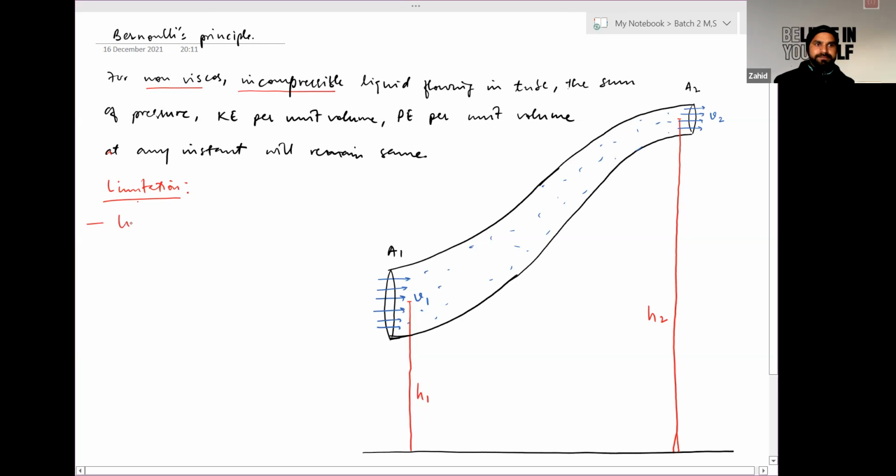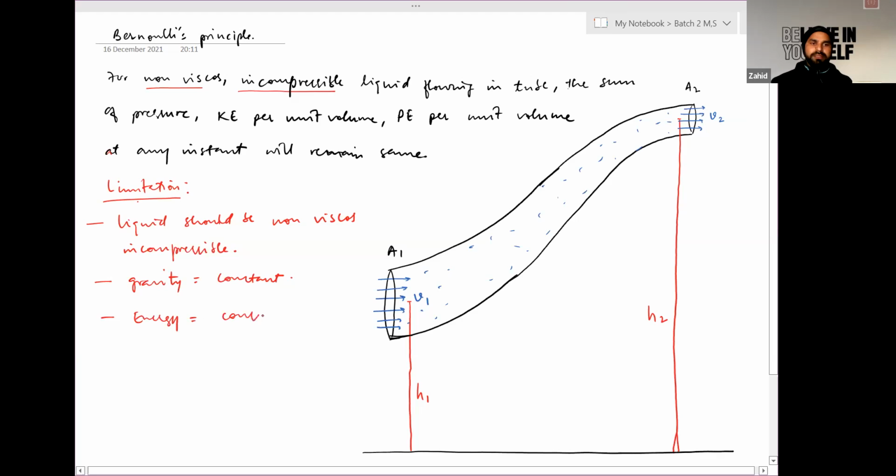So first, the liquid should be non-viscous, incompressible. Next, gravity should be constant. It will be unaffected by changing height. And third, energy should be conserved.